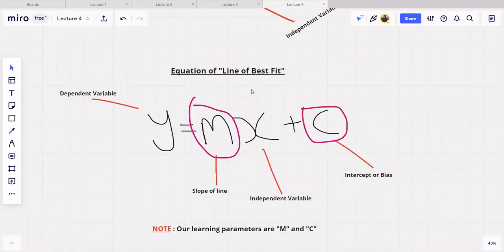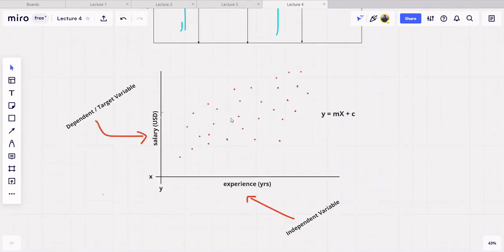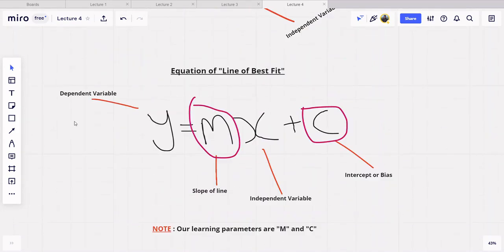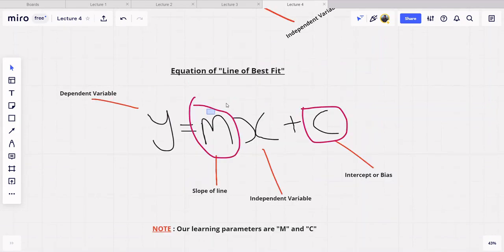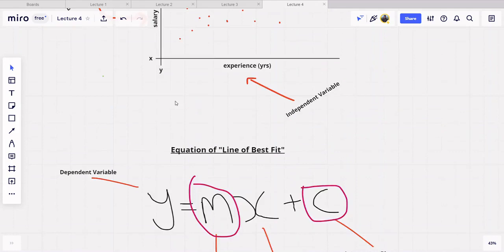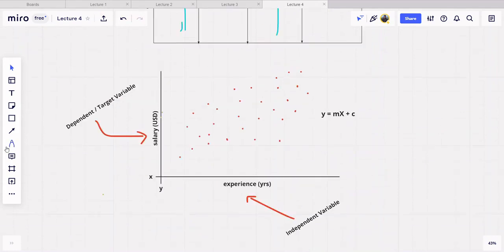And once we find the most optimal value for m and c, all we have to do is just insert the values for an independent variable inside this equation. Okay, by finding the most optimal values for m and c, we found the most optimal line of best fit for our scatter plot.